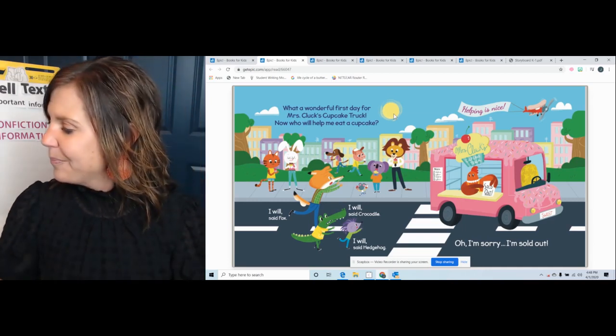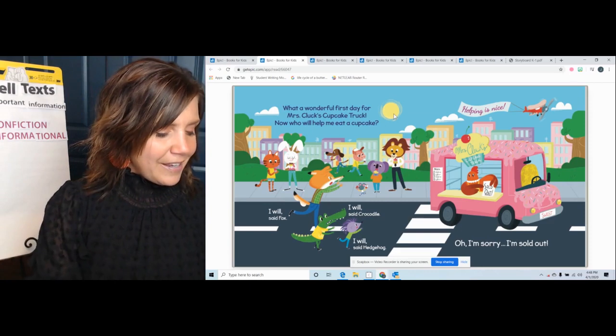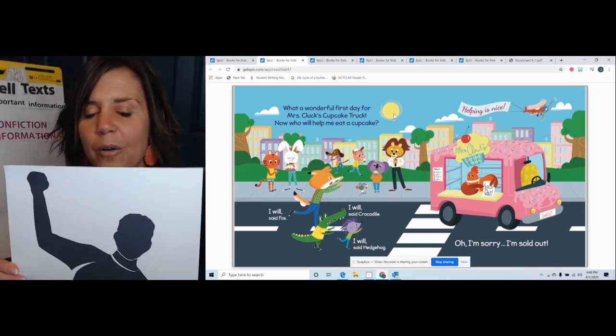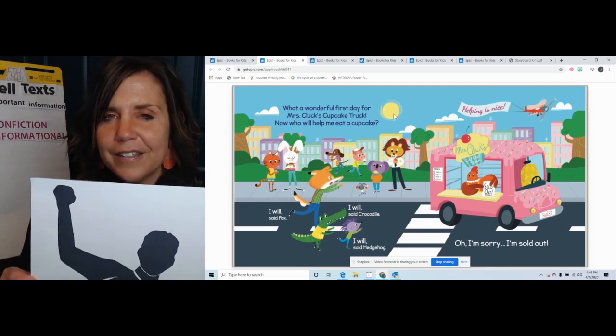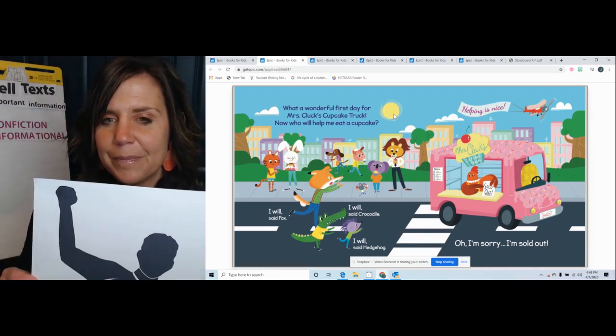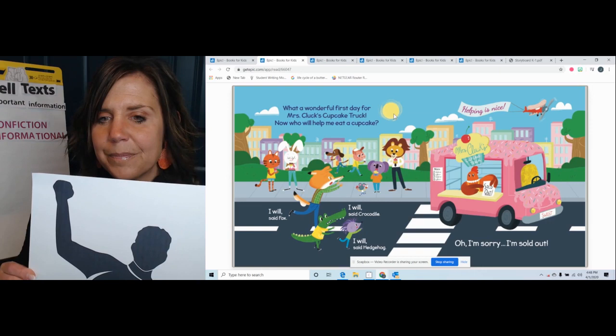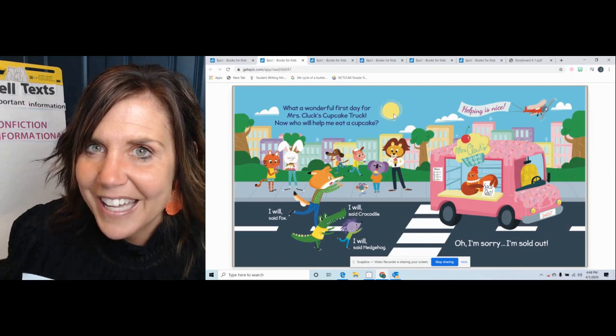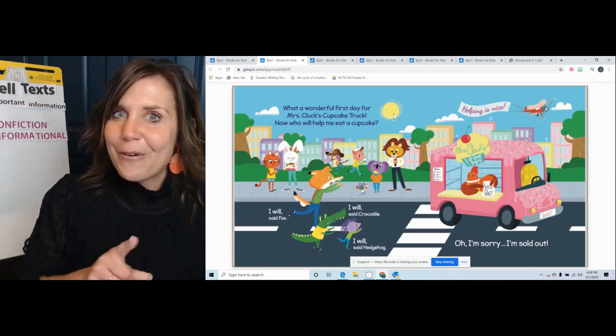That was the problem. So then, is there a solution? How does her problem get fixed? Think about it. They didn't get to eat a cupcake, did they? They didn't work for it.